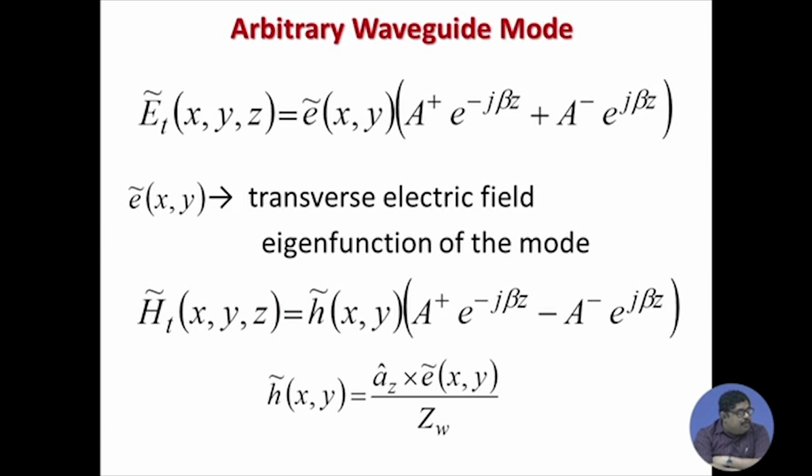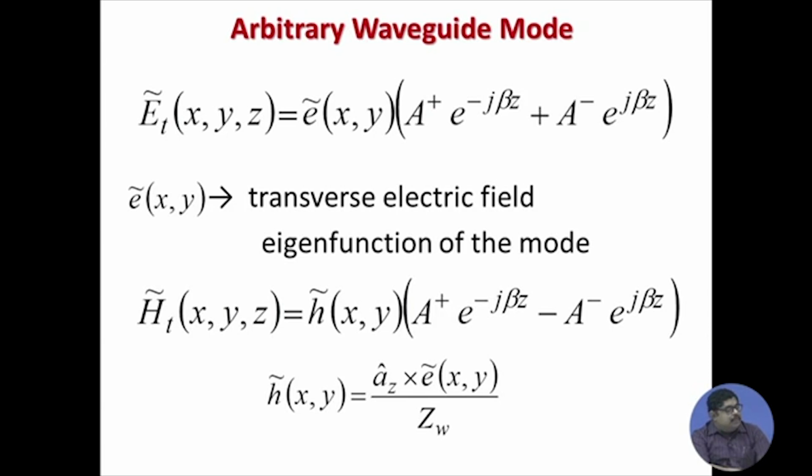Now, we know that the electric field eigenfunction and magnetic field eigenfunction, E tilde and H tilde, are related through the modal impedance Z w. This is the field theoretic point.